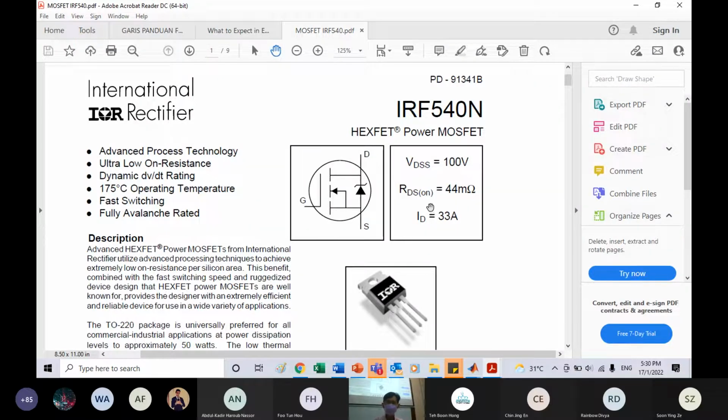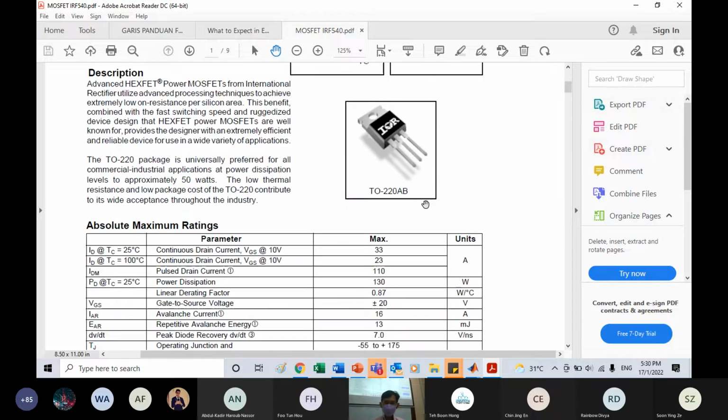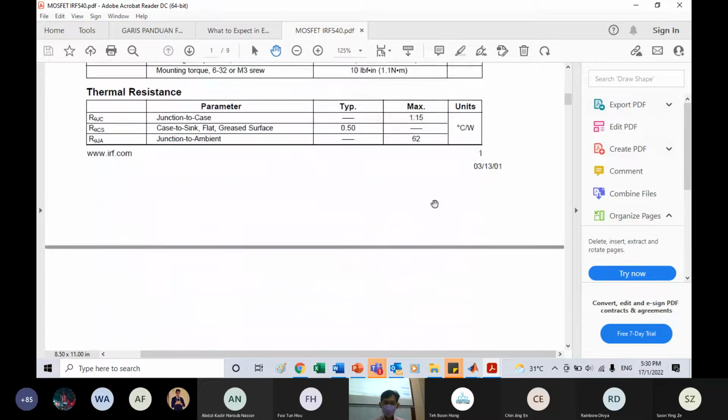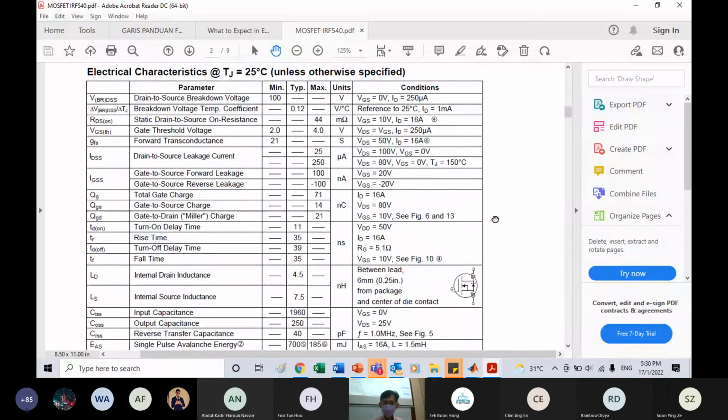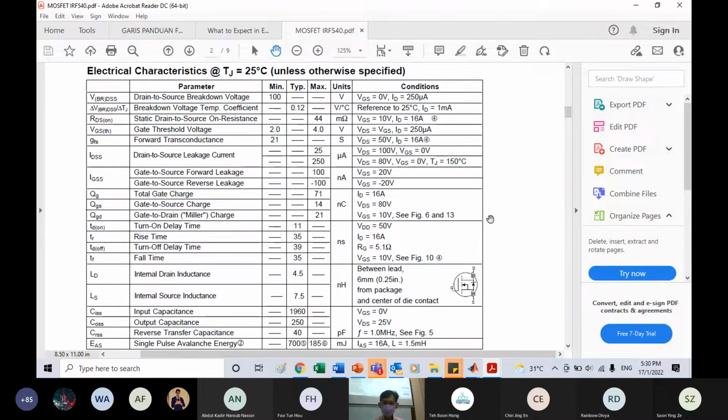You have to define it yourself. So this information is actually available in the datasheet.